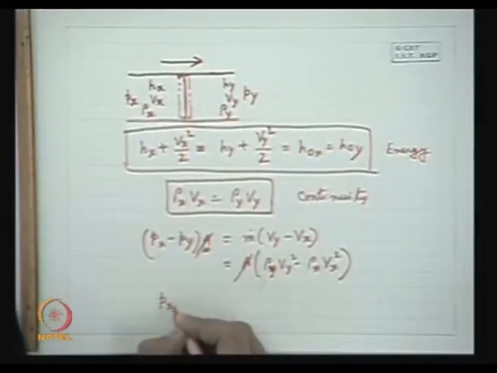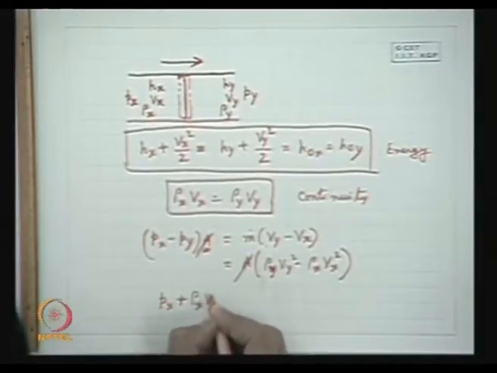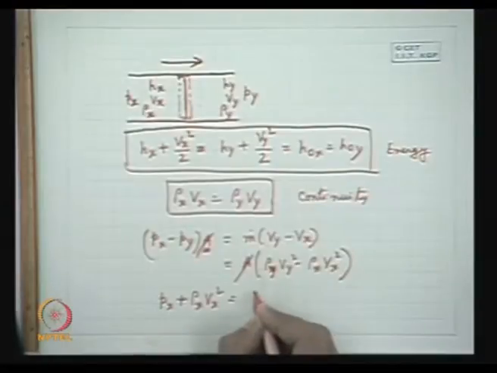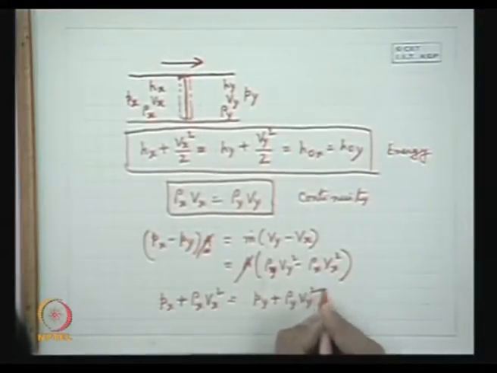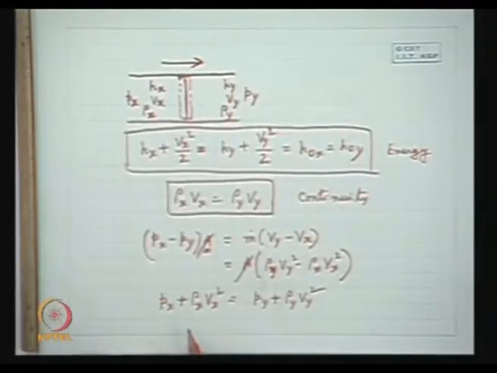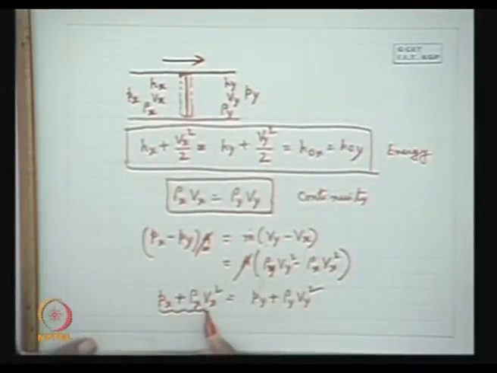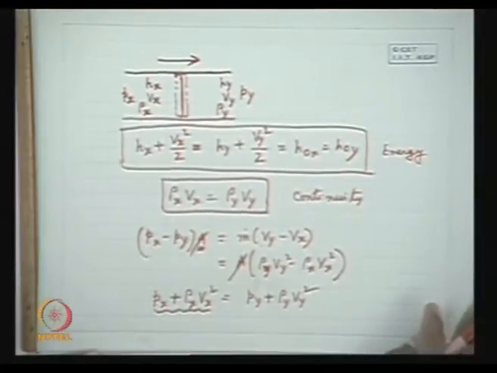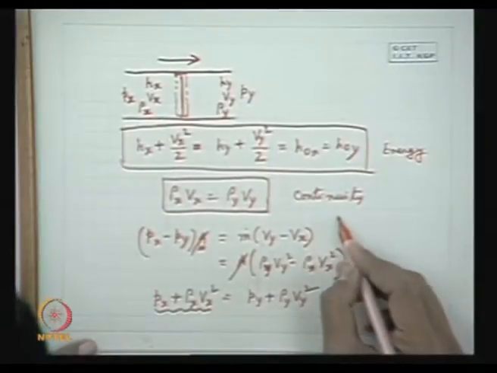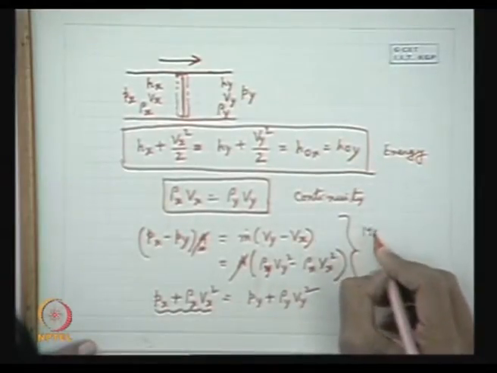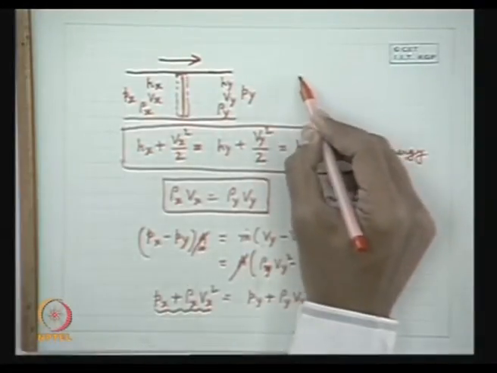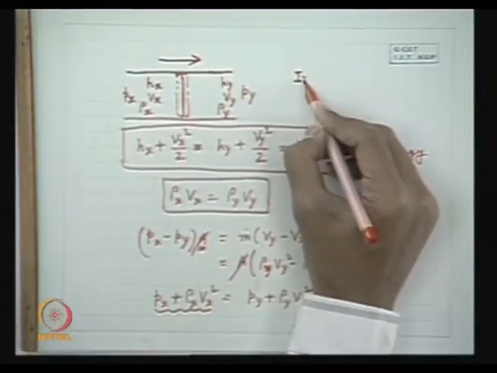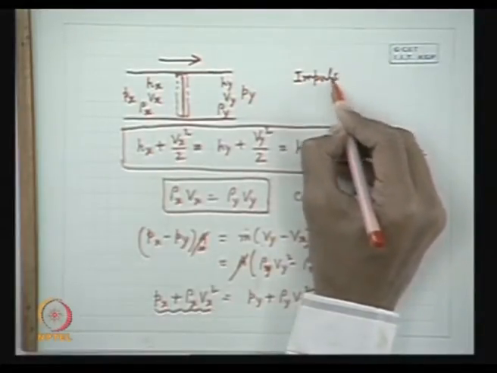So we can write Px plus rho x Vx square is equal to Py plus rho y Vy square. Now this term can be written as the impulse. In compressible flow we define a function as the impulse function. So this is the outcome of momentum. Now we define a function known as impulse function.